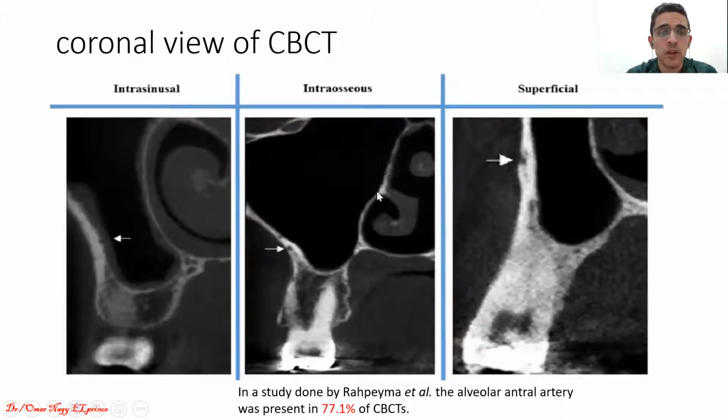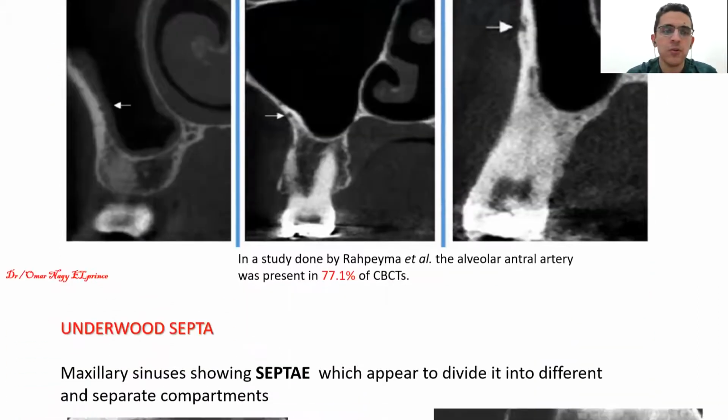This is all coronal views. Okay, you can see the posterior superior alveolar artery. So before ان احنا نبدا اي operation we can anticipate if we will likely see this artery or not.